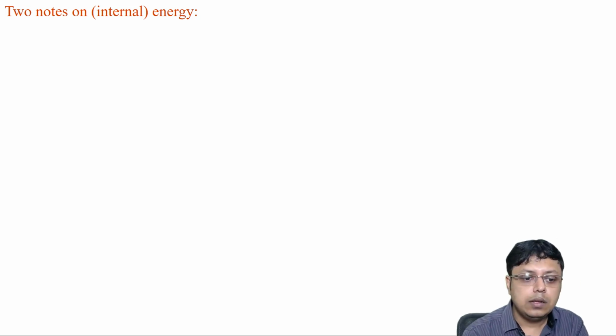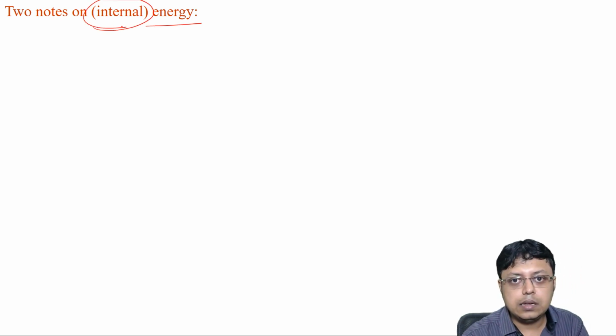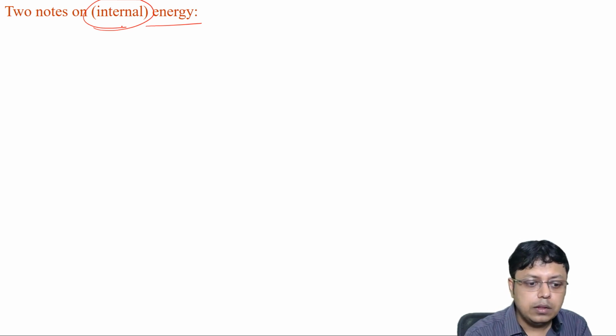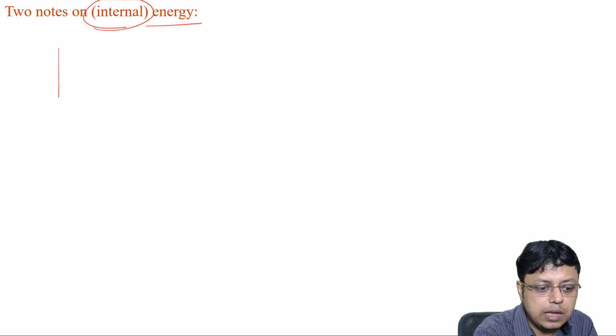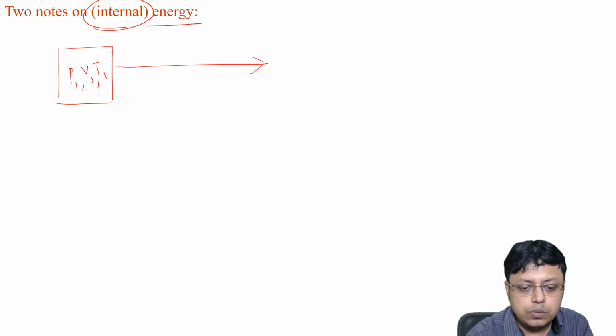One is that whenever we talked about energy, we said it is an internal energy, meaning it is the energy associated with the system due to its internal motion. Now what do you mean by that? Suppose we have a system which is an ideal gas contained in some pressure, some volume, some temperature, and then suppose we move the system with some velocity.